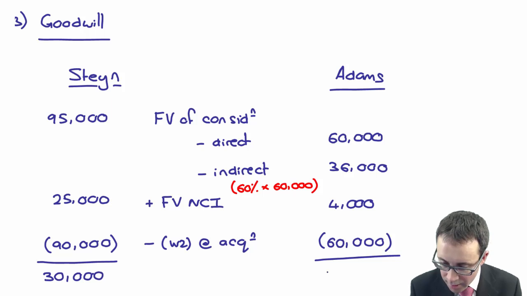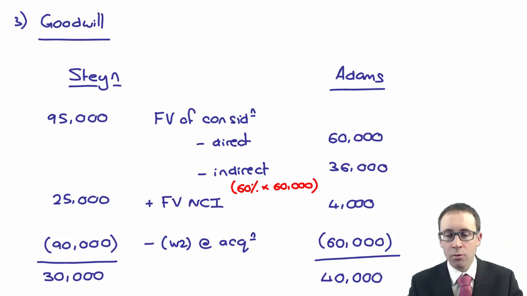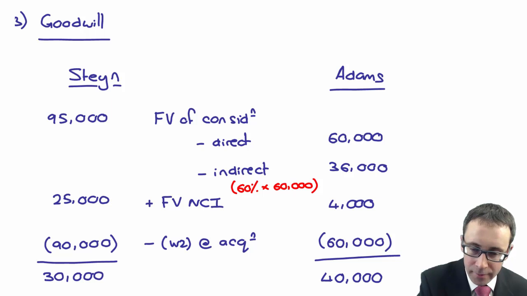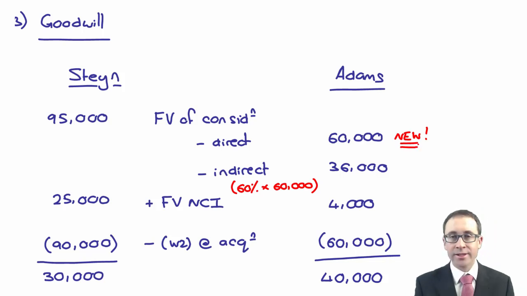Does that go through there and give me goodwill of $40,000? Okay, 40 million if we're working in thousands, isn't it? So 40,000. There we go. So the new bit is here. That's the only additional bit that you need to consider.